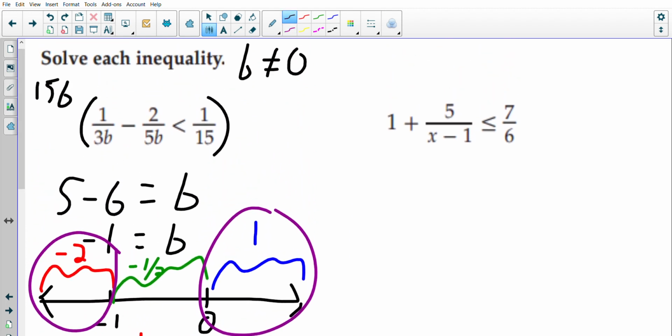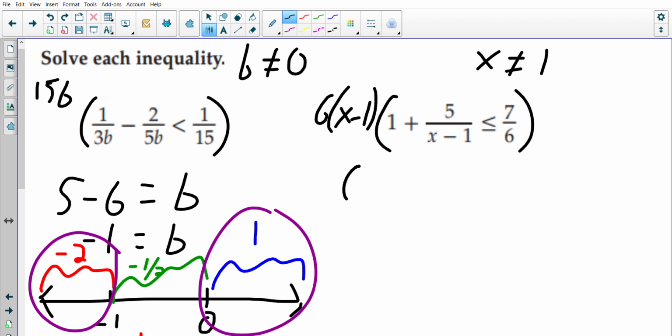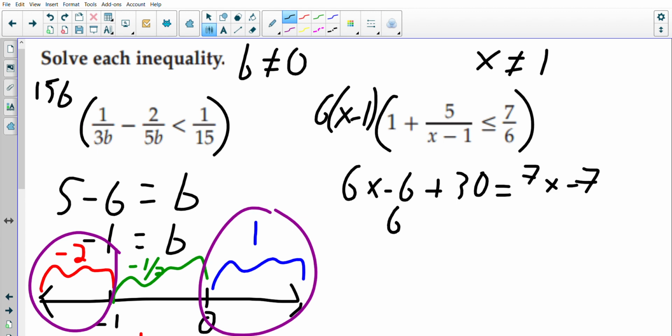In this case, x cannot be equal to 1. So our common denominator is 6 times x minus 1. So 6x minus 6 plus 30 is equal to 7x minus 7. So 6x plus 24 is equal to 7x minus 7.